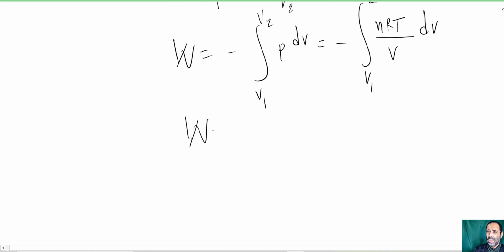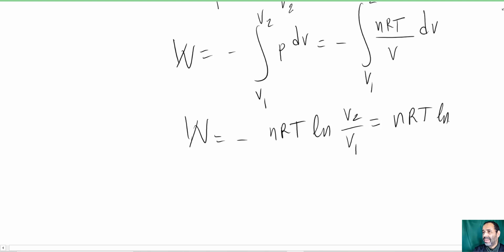So the work is equal to minus nRT ln of V2 over V1, or nRT ln of V1 over V2. I just moved the negative sign to the other side.